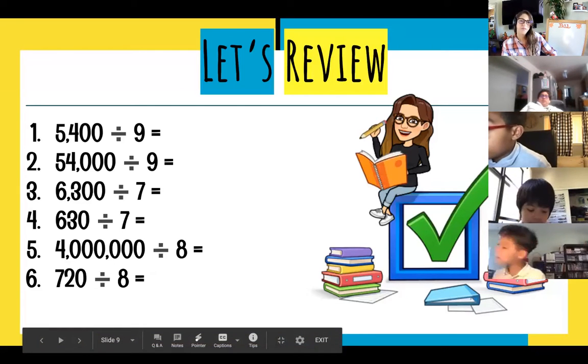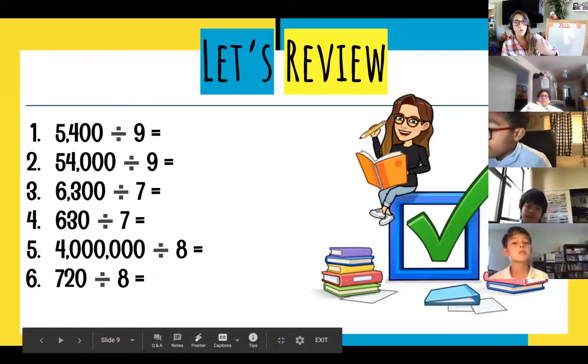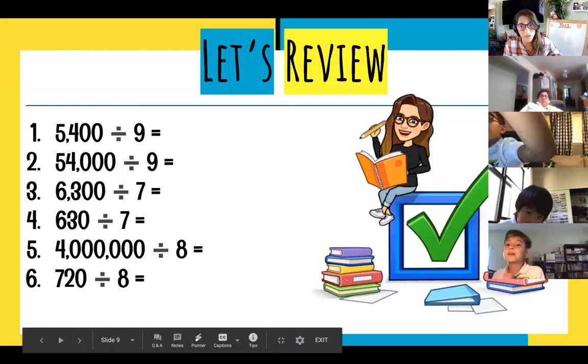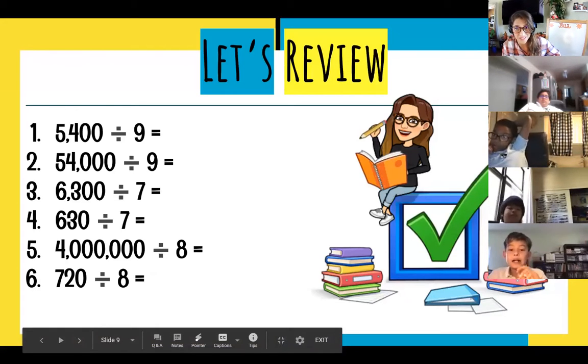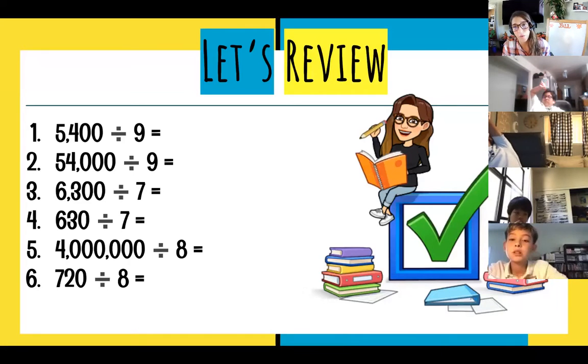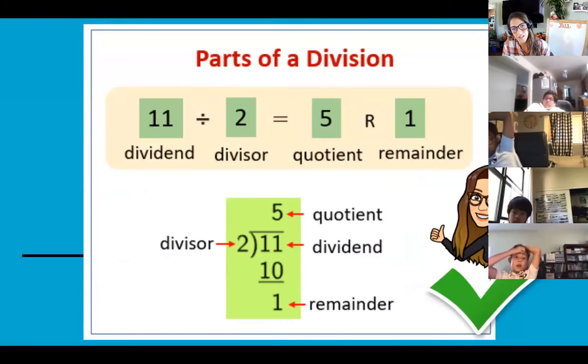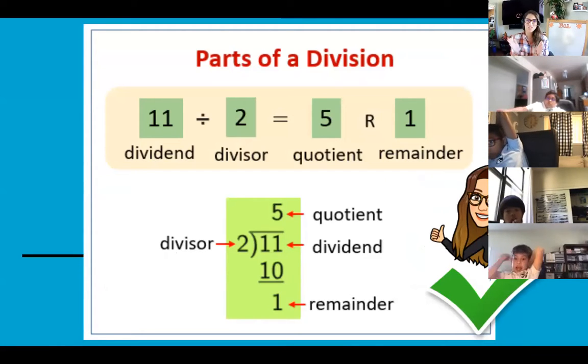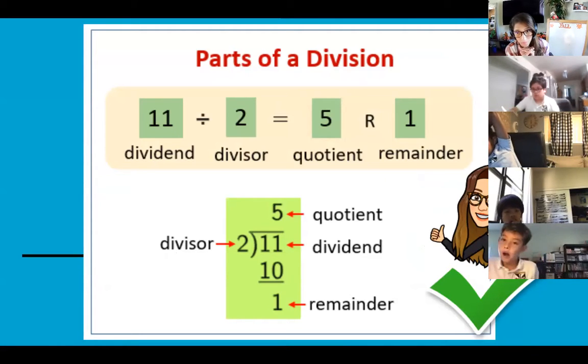So that was a good little review, and we're going to be moving forward with using that. So don't forget it, because we're always going to be using those multiples of 10 for our lessons, especially our next lesson. We're going to look at our parts of division first. I want to review.